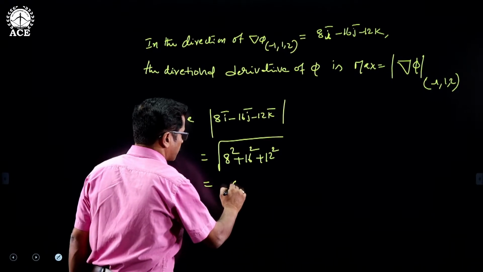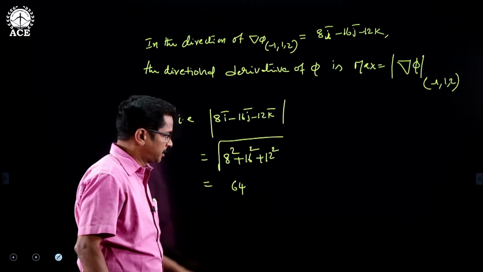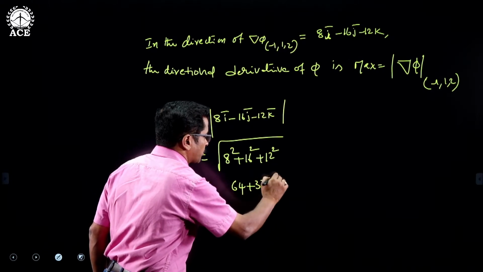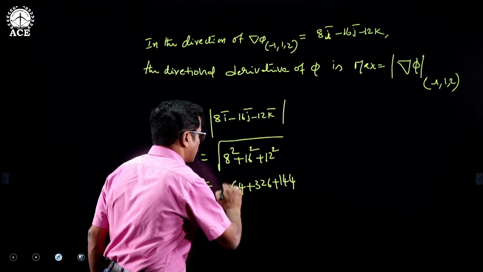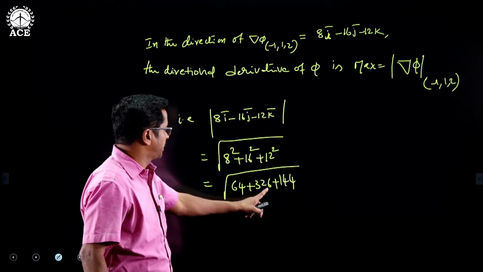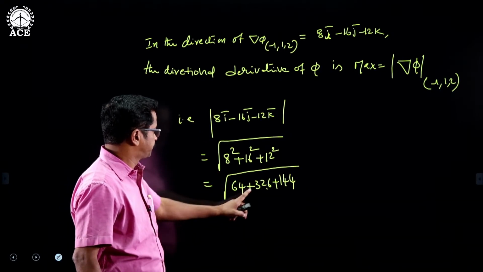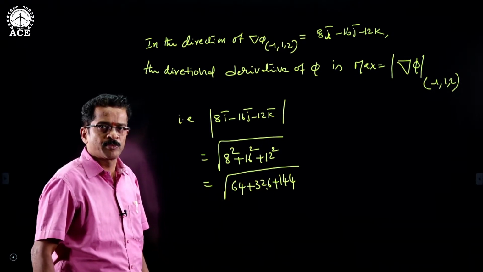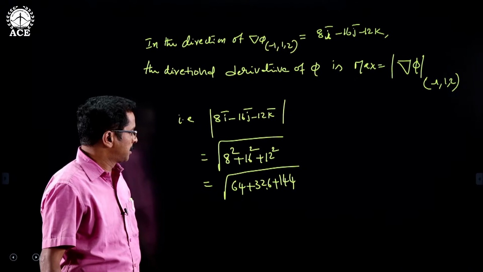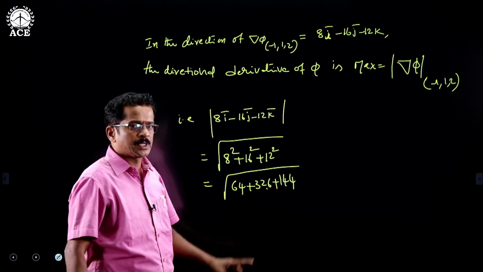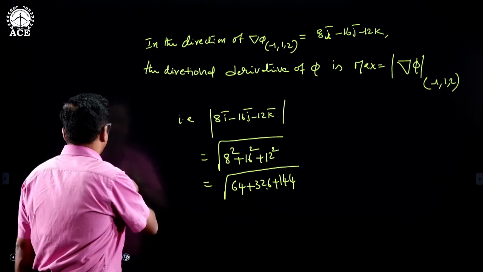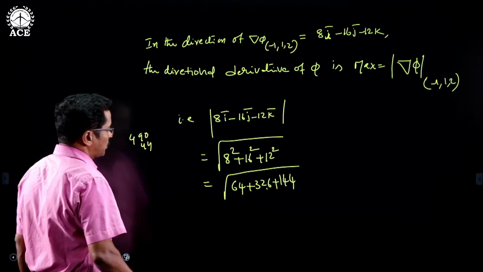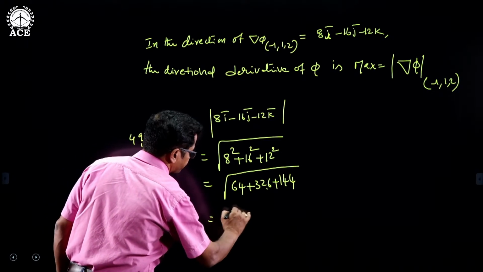So 64 plus 256 is 320, plus 144. So this is going to be 390, na? 390 plus 100 is 490, plus 44 is going to be 534, na? So which is equals to root 534.